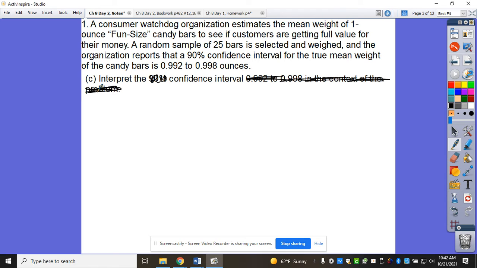So not that this is the important part of it, but people typically used to end up connecting, interpret the confidence interval starts with we are. So we are what? How much? 90% confident.